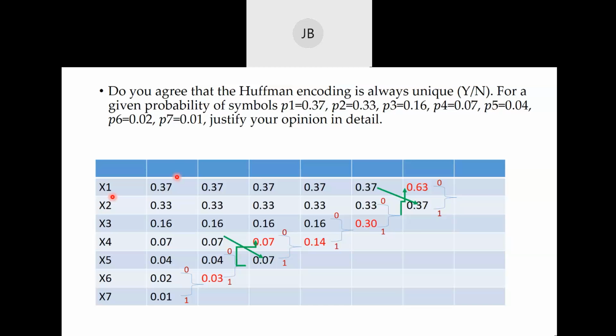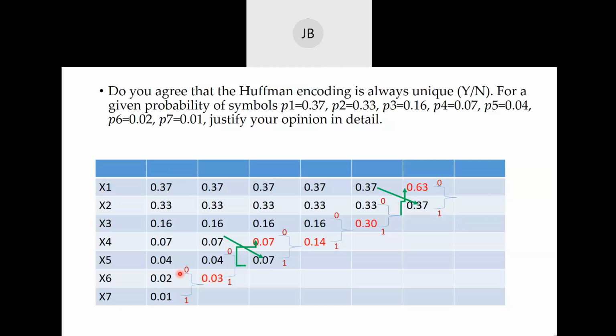In this Huffman encoding, we have the different symbols arranged in the decreasing order of probabilities, and then we combine 2 code words of the lowest value, and we generate a new symbol here, or new probability value here. For example, 0.01 and 0.02, we add them, and the newly generated value is 0.03.